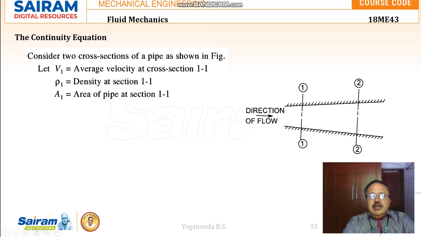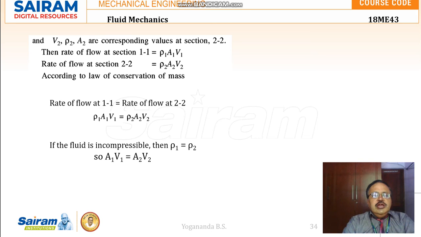We can see that there is a gradual increase in the diameter of the pipe from section 1 to section 2. So V2, rho 2 and A2 will be the corresponding values at section 2.